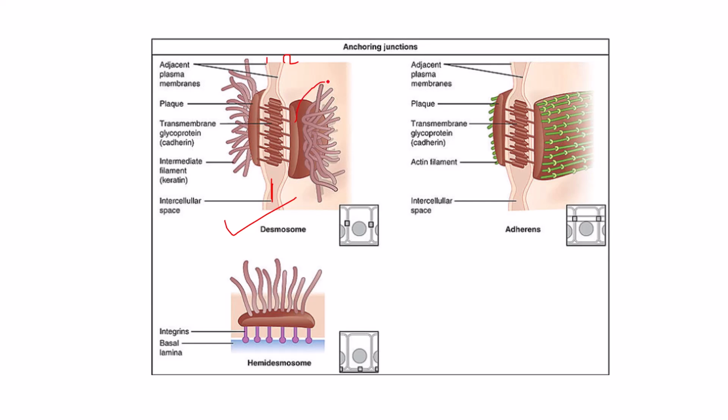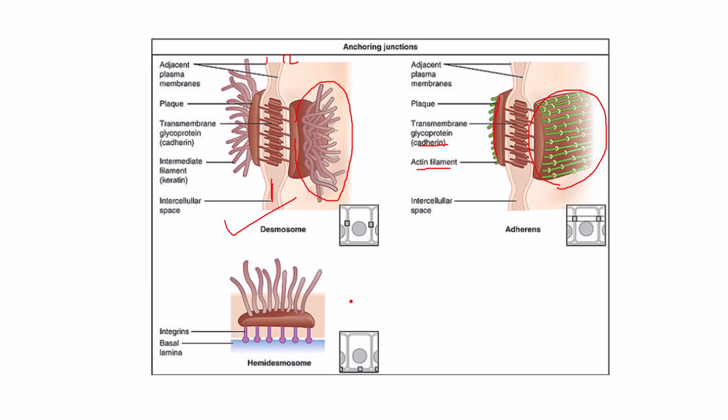You can see the difference here. Here they form a network-like structure, because of the actin filaments present here. They also form plaques, but the filaments are actin. Cadherin is also present in the intercellular space.